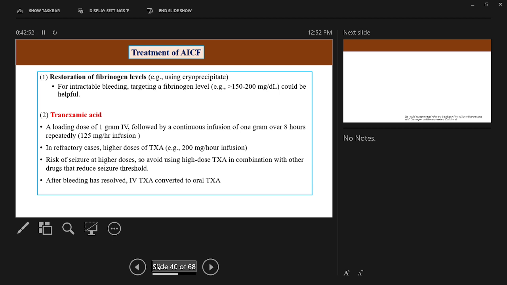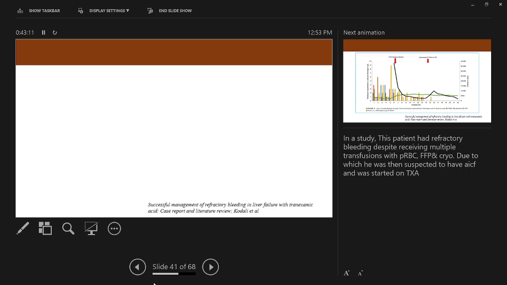Exactly, it's the CRASH-2 trial, which is also implicated in AICF. In refractory cases, a higher dose of tranexamic acid, 200 mg per hour infusion, can also be given. But the risk of seizures is higher at higher doses, so do not combine it with medication that can decrease the seizure threshold. Also, after the bleeding has resolved, IV TXA can be converted to oral TXA.